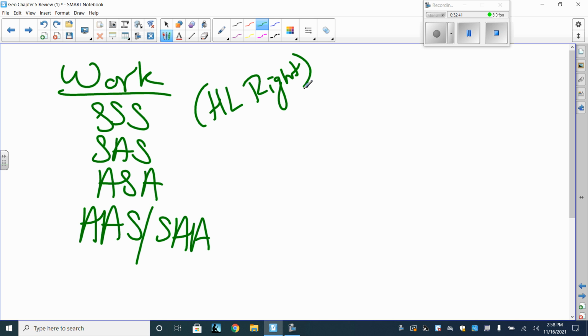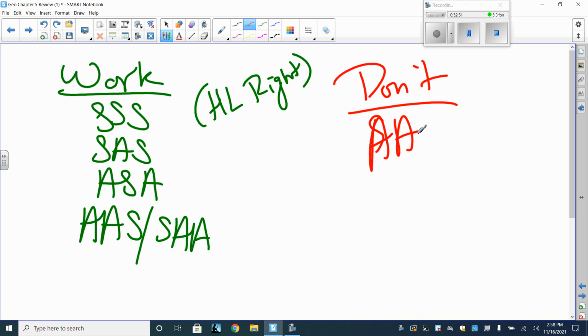Because if it was a right triangle, then hypotenuse leg would work. Now the ones that don't work are angle angle angle, or angle side side, side side angle. These are the two that don't work. All the rest do.